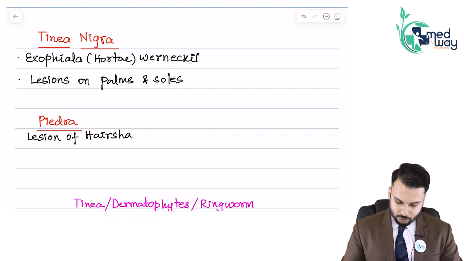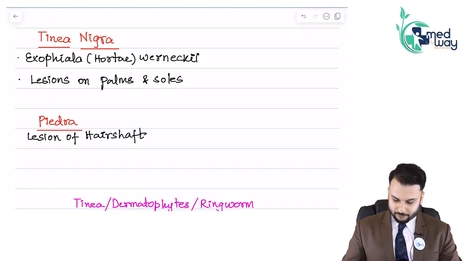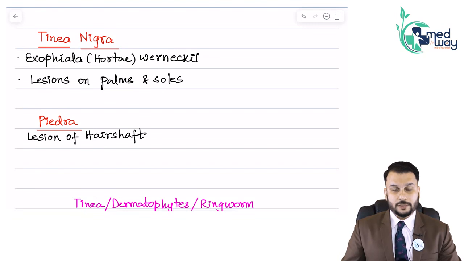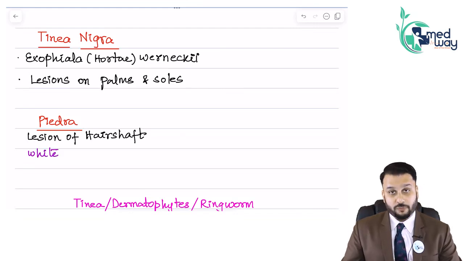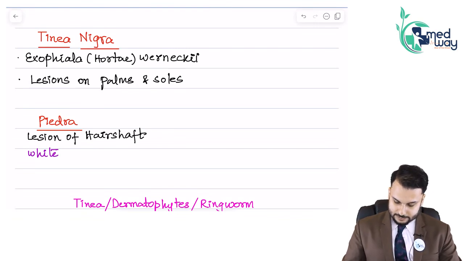There are two types of Piedra that we can see in our practice. One is called white Piedra, which is caused by one fungus, and then there is another one, black Piedra, obviously caused by another fungus.